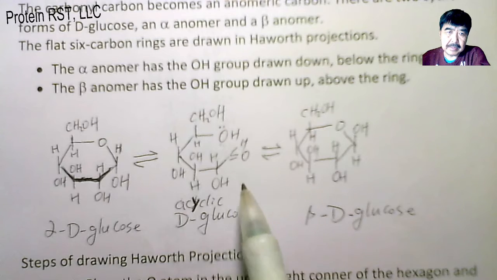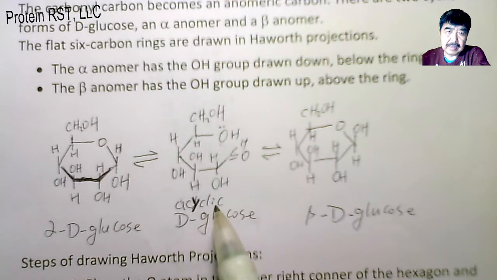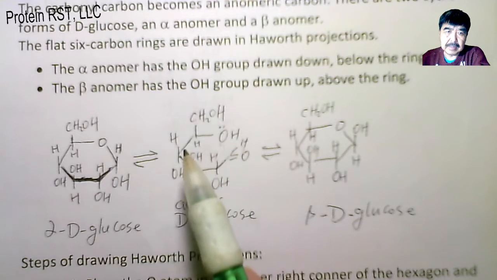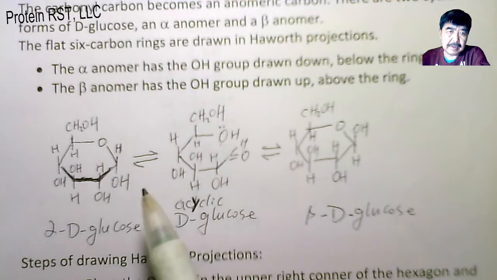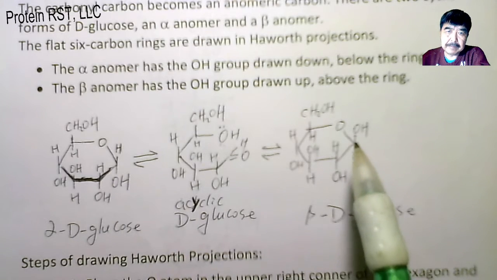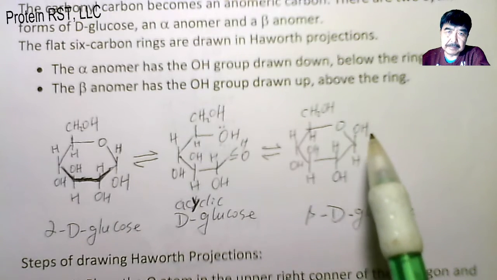This is a rearranged cyclic D-glucose. It's not linear, it's cyclic. Then after the cyclization, they form 2 forms. One is alpha, the hydroxy group on the anomeric carbon, carbon 1, drawn down. This is the alpha. This is the beta. Beta is this hydroxy group drawn up.